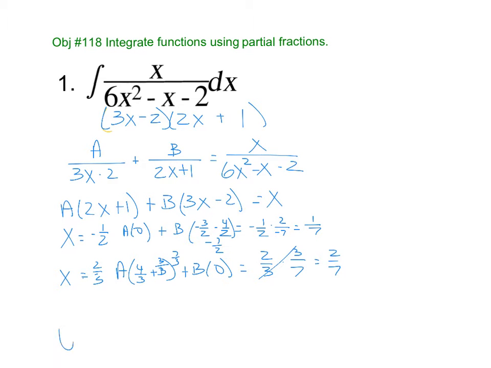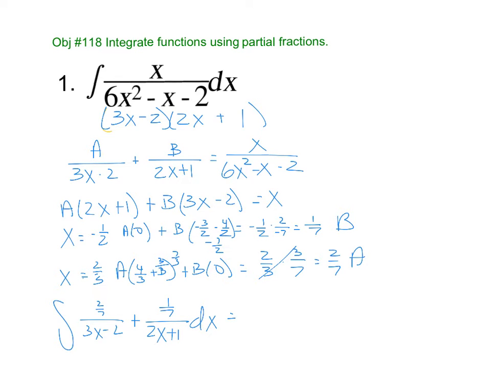So I end up with the integral of, let's see, this is A, this is B. A is 2/7 over 3x minus 2 plus 1/7 over 2x plus 1 dx.